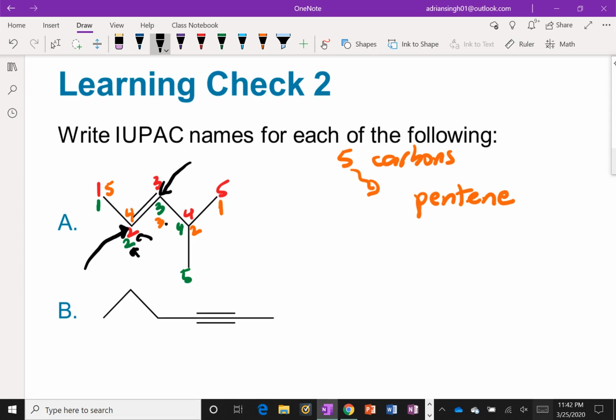All right, so 2 is lower than 3, so we're going to choose a numbering system from the left side. And that means that carbon number 2 starts the double bond. So we're going to say 2-pentene. Right? So this here tells us where the double bond starts.